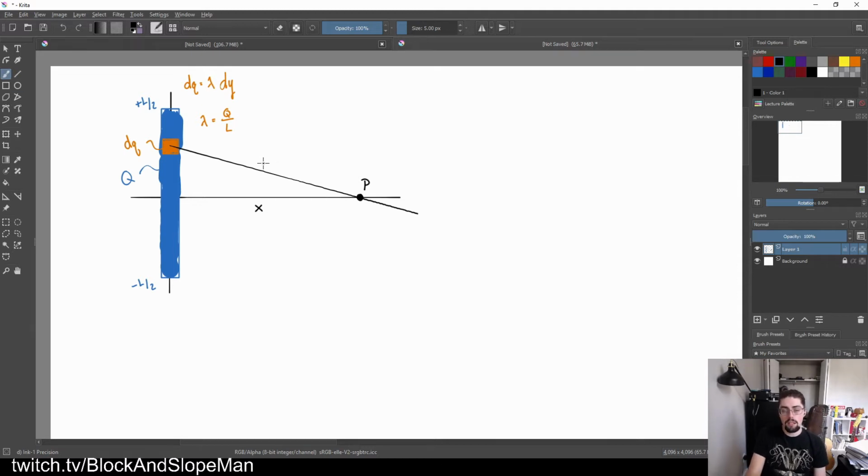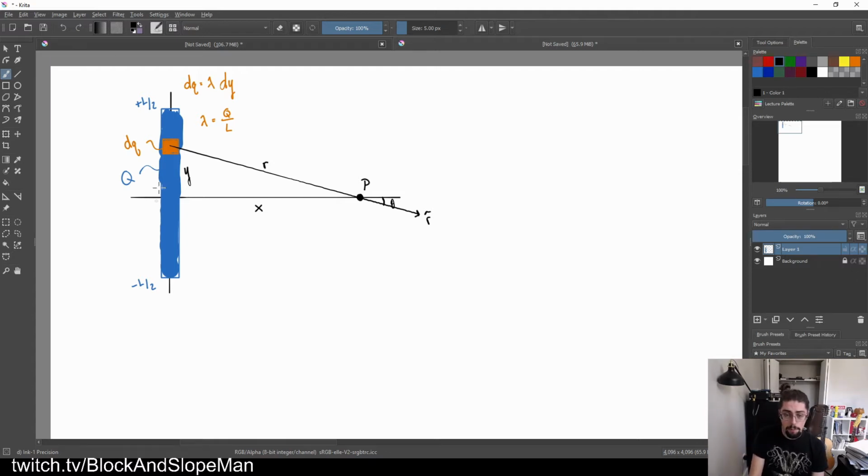So this distance from the charge to the point is r. This out here is the r hat for that particular point. This makes an angle theta with the x-axis. Now here's a tricky point.